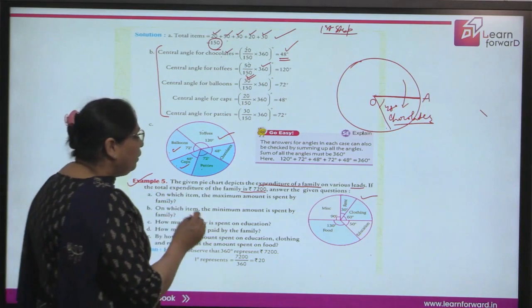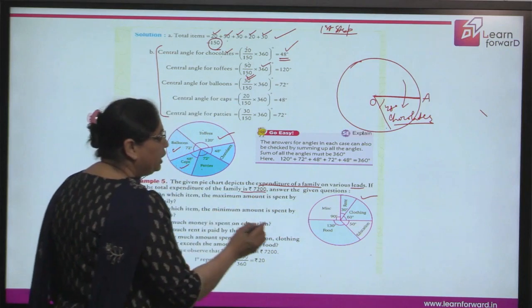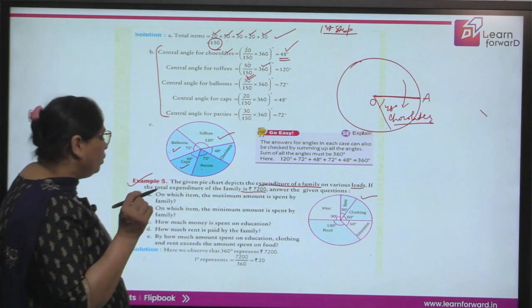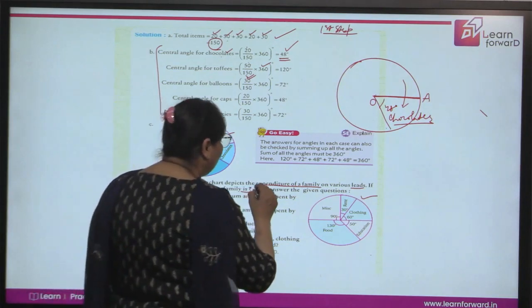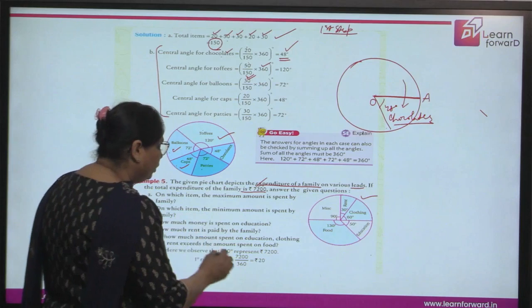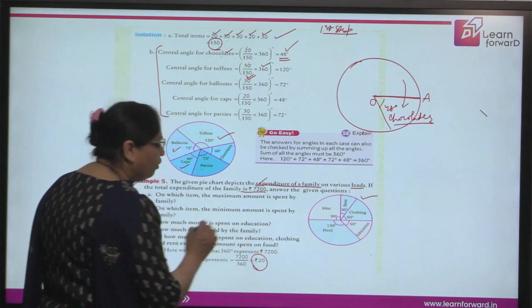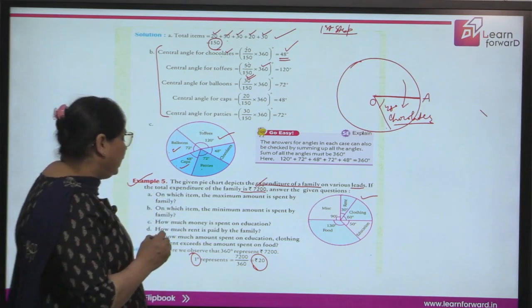So 7200 rupees is represented by this circle, which is 360 degrees, so 1 degree will represent 20 rupees.